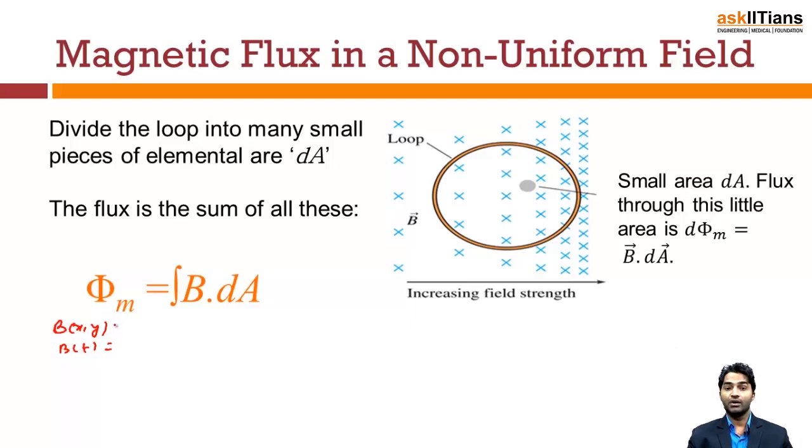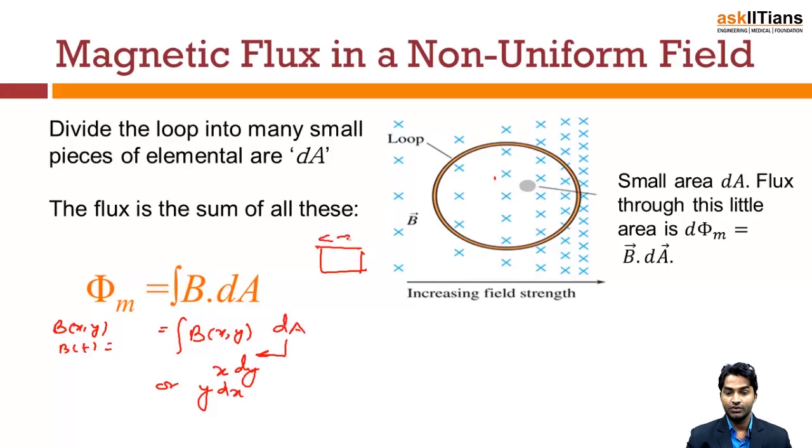So when we want to find the magnetic flux across the closed loop, it would be equal to the magnetic field at that moment, which may be a function of time, or B as a function of x or y, into the area dA. This can be x into dy or y into dx. Considering this part, the length is x and the other side is y.